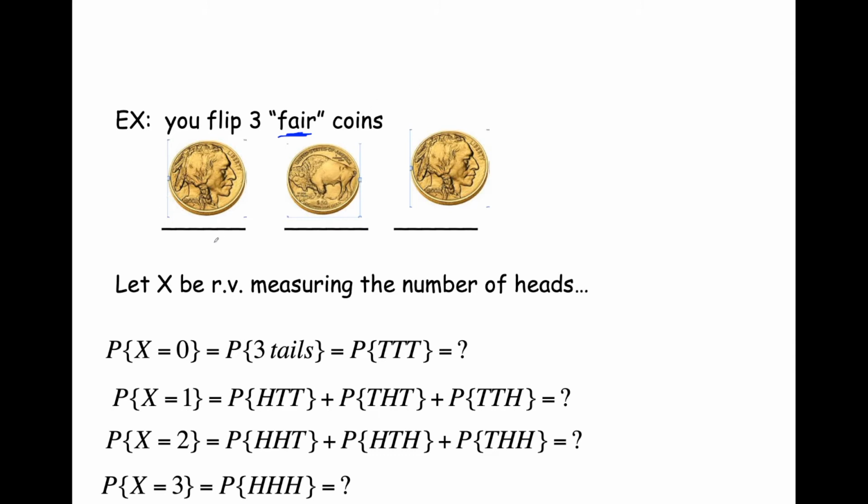And we're going to define x to be a random variable, and this random variable is a measurement over the observations, the strings of heads, tails, 3 many times. The random variable is going to measure over that observation the number of heads. So that's the measurement.